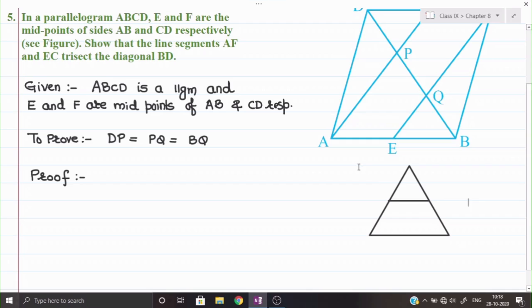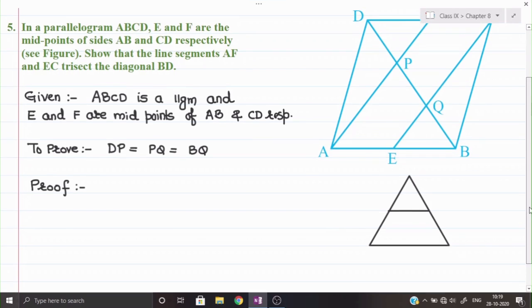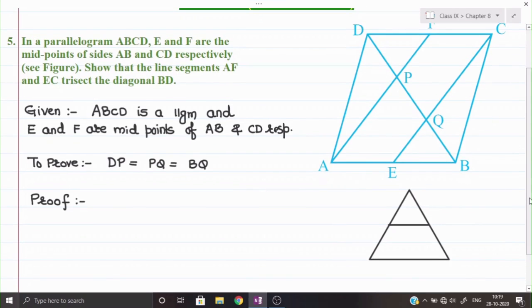Now first of all I will take the names. Observe, I am taking the names according to the main figure. This point I am naming P, this one A, and this one B. So I have taken one triangle PAB.